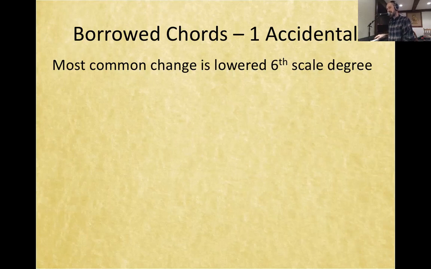That one definitely gives a different color, but rather than being this sort of subtle new sound that we can have, if we change that one, we're more likely to just end up being in minor, because the 3rd scale degree is the one that makes the tonic chord major or minor. So we are going to see some examples of doing that, but it's fairly disruptive, and I don't mean that in a bad way, but it's fairly disruptive to do it that way.